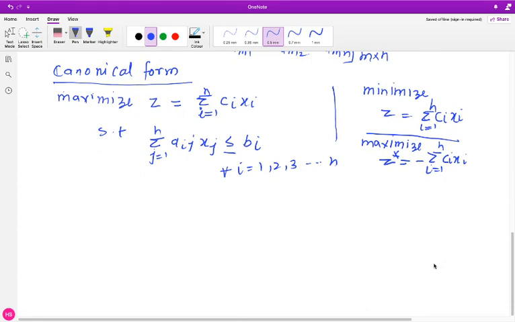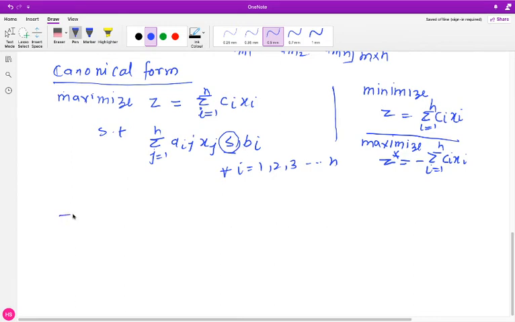The second thing that is required to convert one form of LPP into the canonical form is the constraint. All the constraints in the canonical form are going to be less than or equal to constraints.